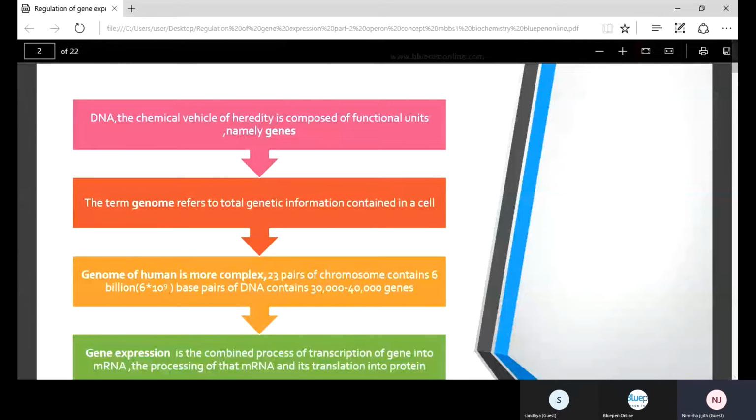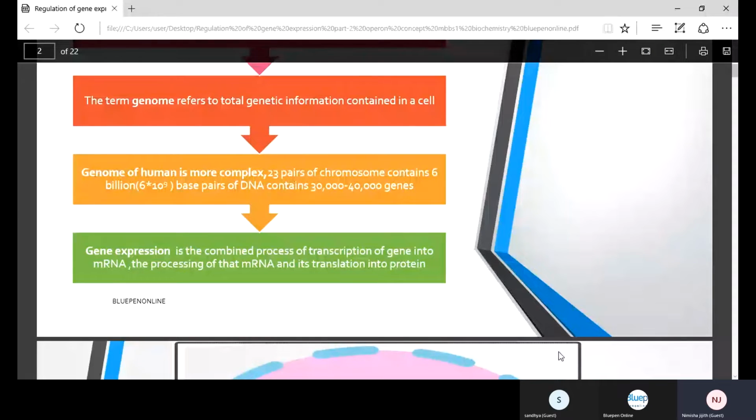Then next we enter into the term gene expression. Gene expression is the combined process of transcription of gene into mRNA, the processing of that mRNA and its translation into protein. We are very familiar with replication, transcription and translation.